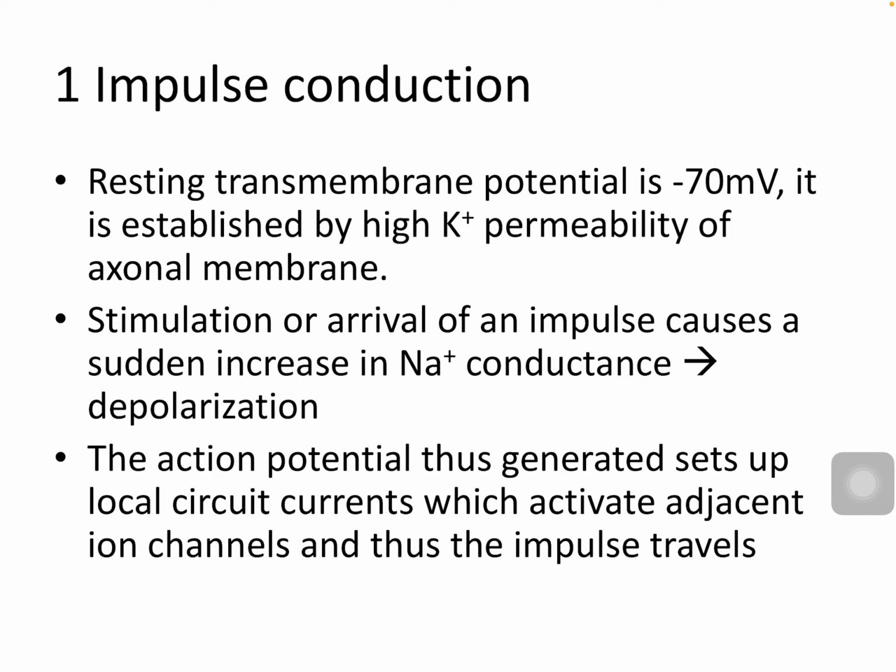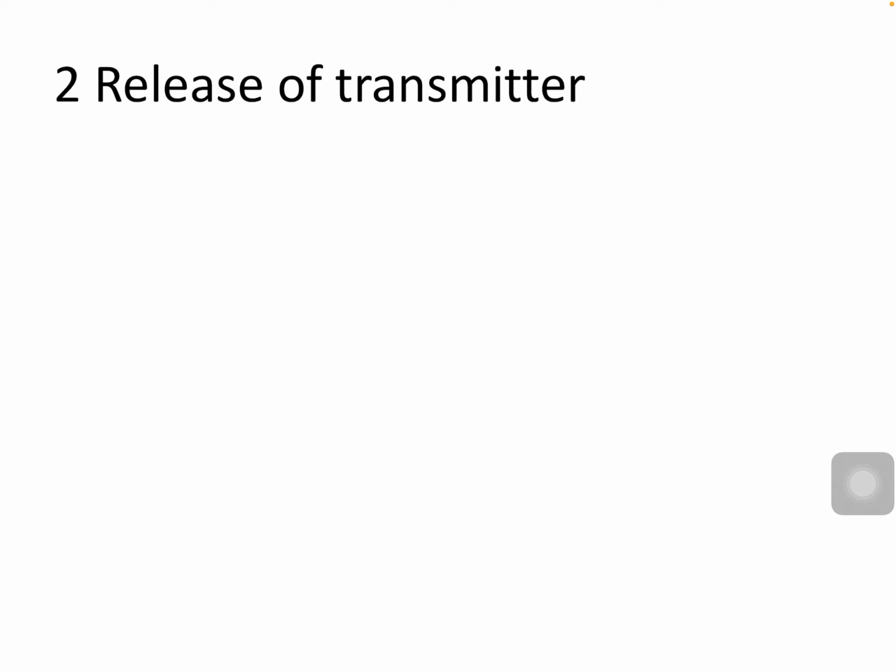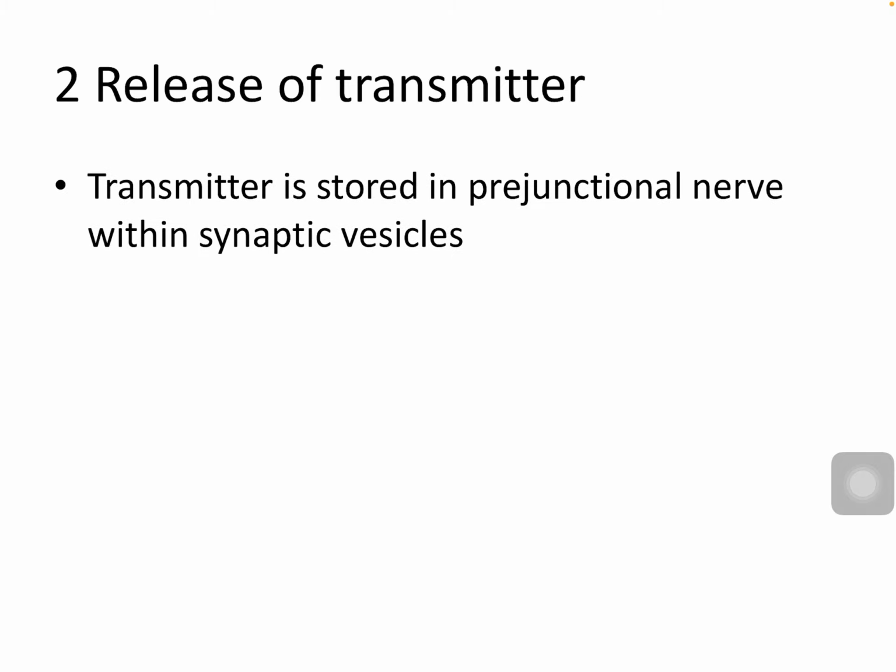Once the depolarization reaches the end fibers of the axon, it leads to release of transmitter. So at the end, this impulse conduction leads to release of chemicals in the synapse or junction. The transmitter is stored in the synaptic vesicles in the prejunctional nerve endings.